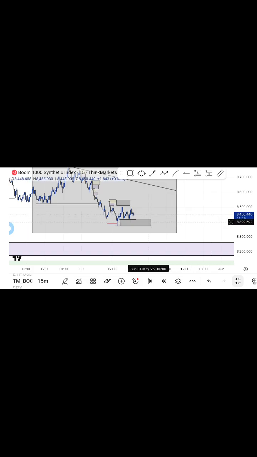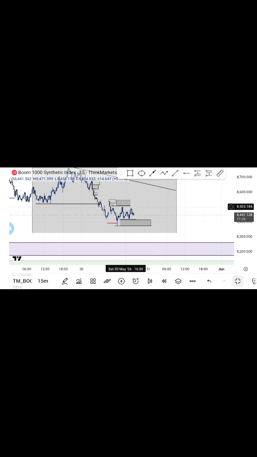If this high liquidity area, this lower one, this black box, is liquidated, then we can look for a buy trade towards our trend line.